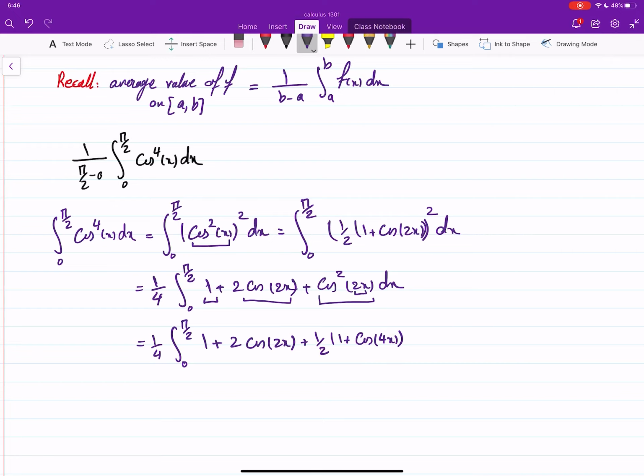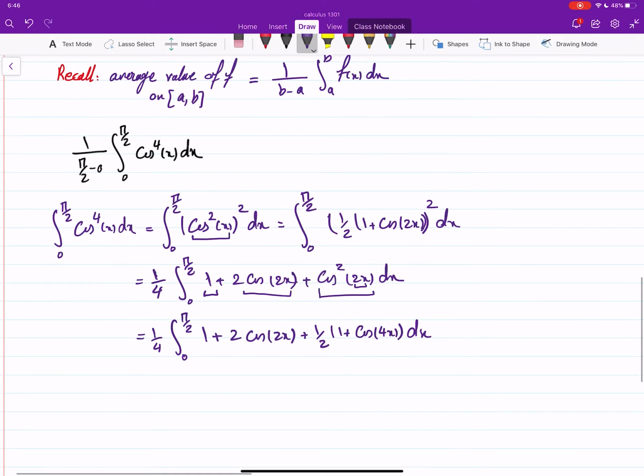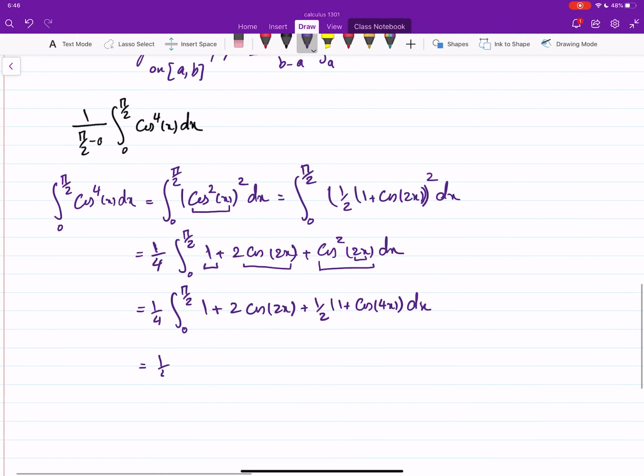So here was 2x, twice that is 4x. So then we have 1 over 4, 0 to pi over 2, 3 over 2 plus 2 cosine 2x, and then plus 1 over 2 cosine 4x dx.